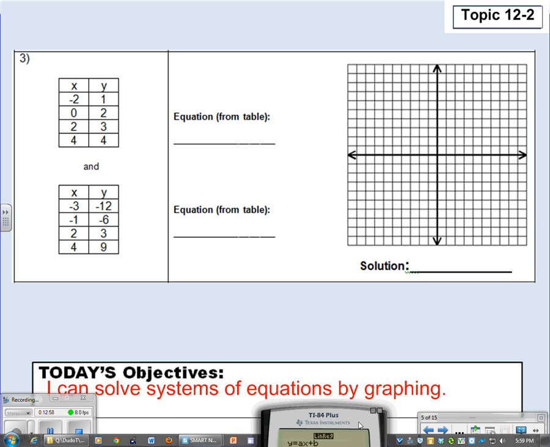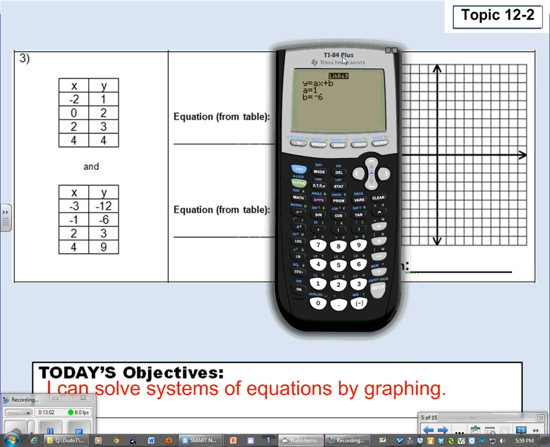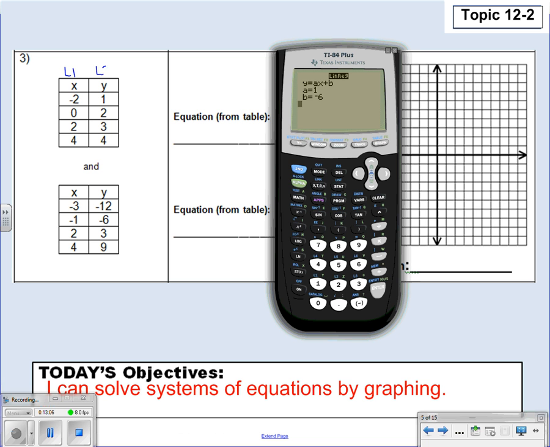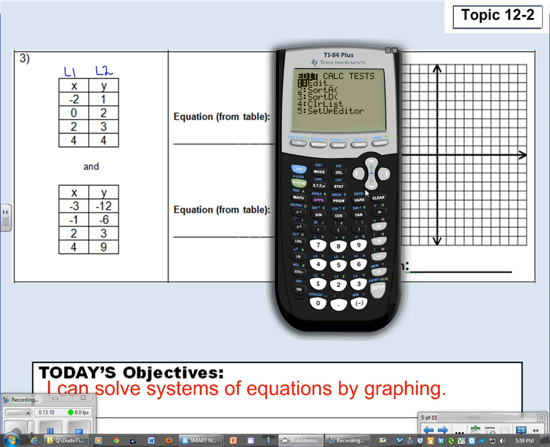Okay, problem number 3. Again, we have 2 tables, so we're going to use our calculator to come up with our equations. And our first one, x go in L1, y go in L2. So hit Stat. We want to edit. This time I'm going to go ahead and clear it out by arrowing up and hitting clear.